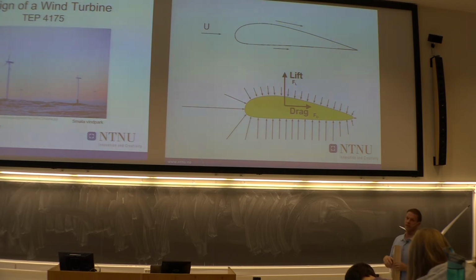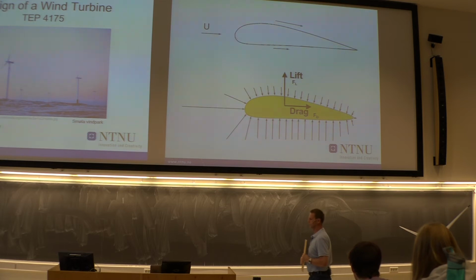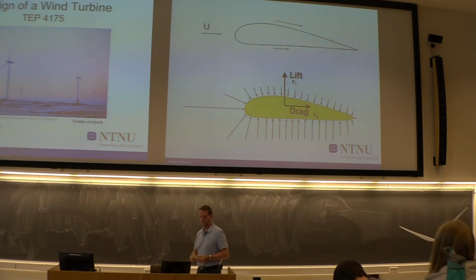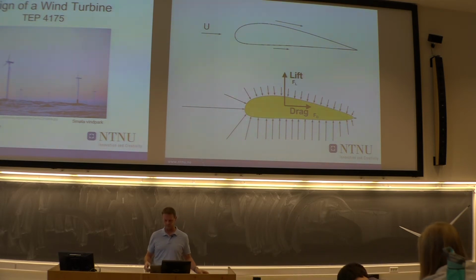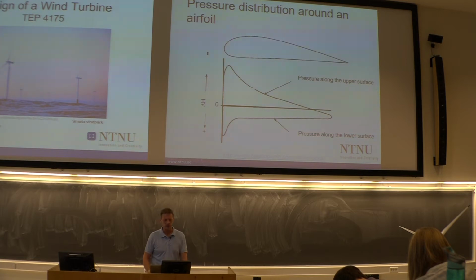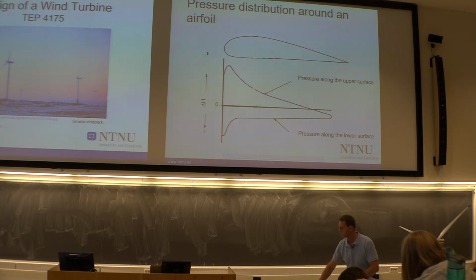It looks like the drag is about the same as the lift, but that's not the case. It's something around 100 times lower than the lift force. So these are two very different numbers for those forces. Let's take a look at the typical pressure distribution along the surface of the blade.